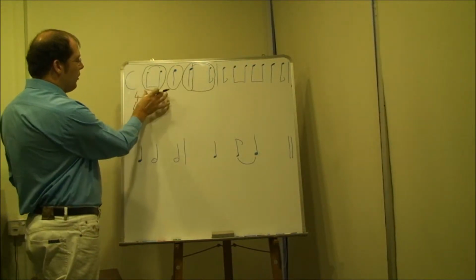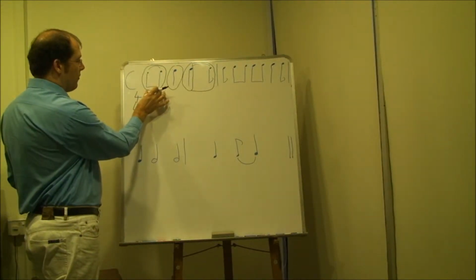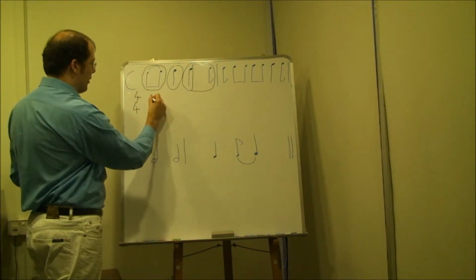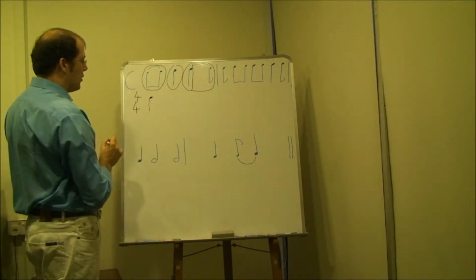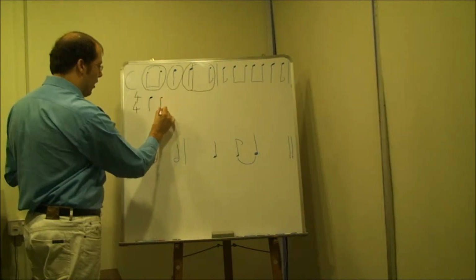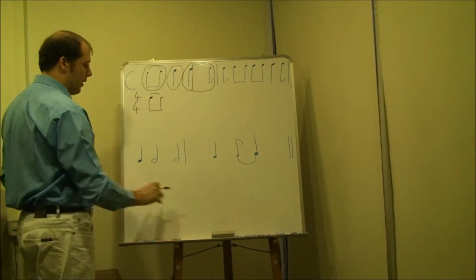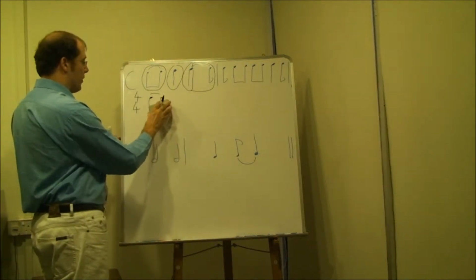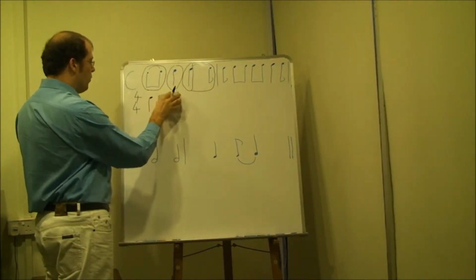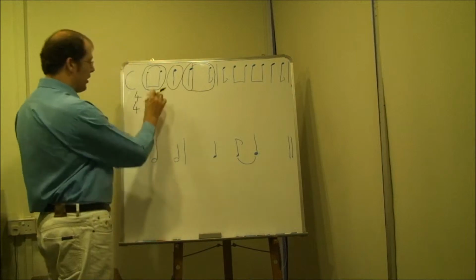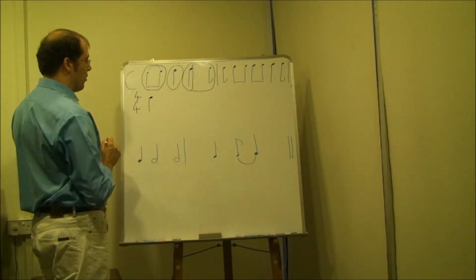Now, there's no reason to tie these 2 together. This is 1 crotchet length of time. So all that we're doing when we split it out like this and tie it over is we're just making it more difficult to read. It serves no other function in music. So we want to make that simpler. So we can simplify that just as a crotchet.